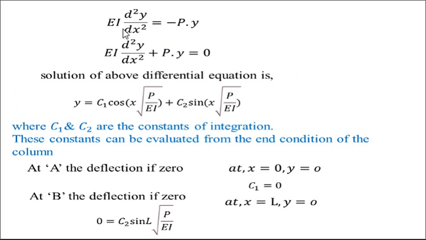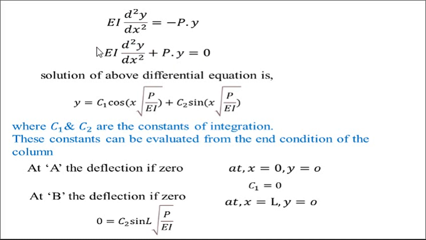So we can write EI d2y/dx2 equals the bending moment we determined, minus P into y, where P is the crippling load and y is the displacement. Taking Py to the left side as positive, EI d2y/dx2 plus Py is equal to 0.